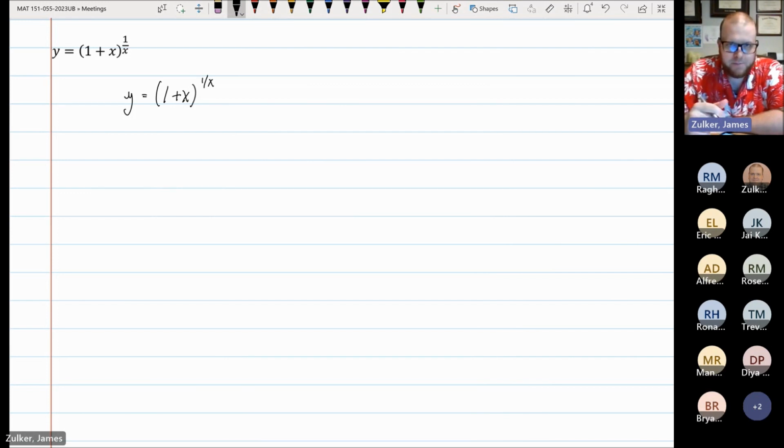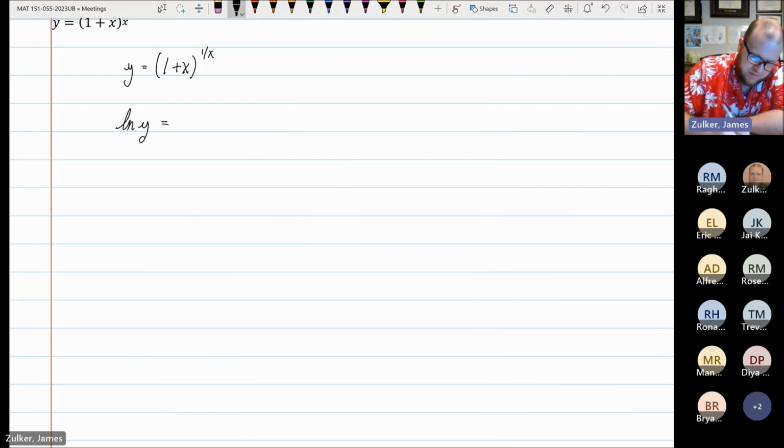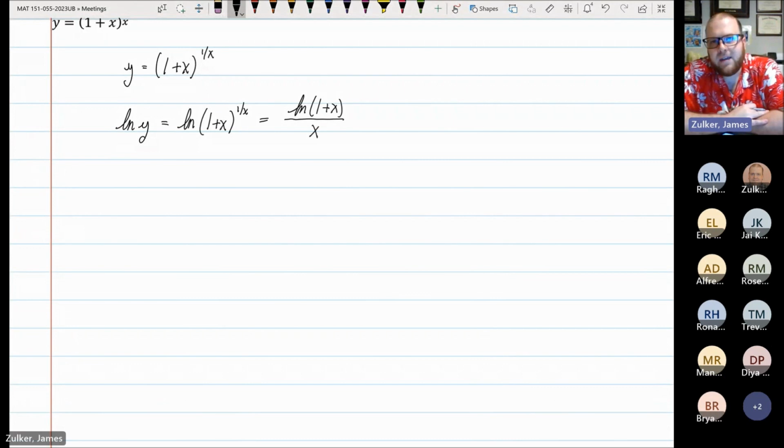And again, it's easier just to explain it as I do the problems than to write it out. First, take the natural log of both sides. Then use the laws of logarithms to simplify.